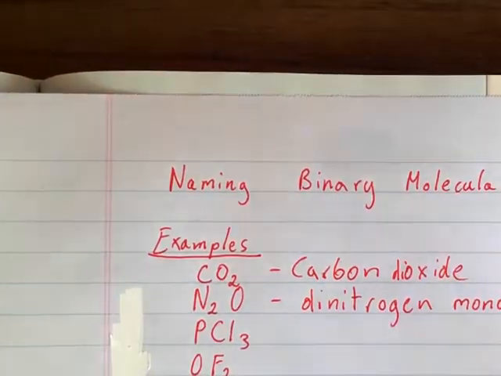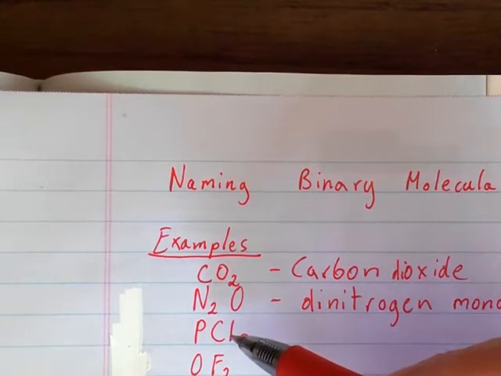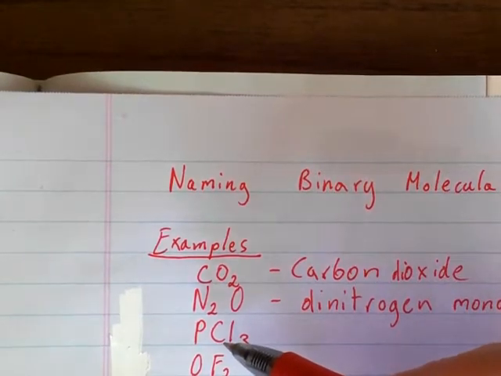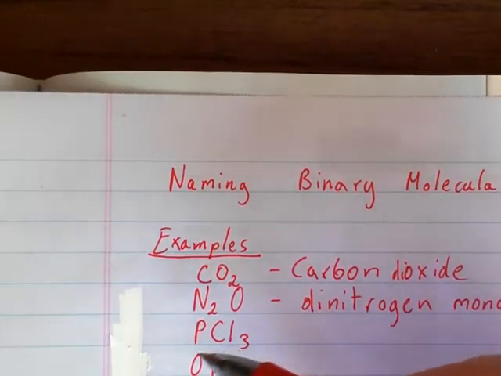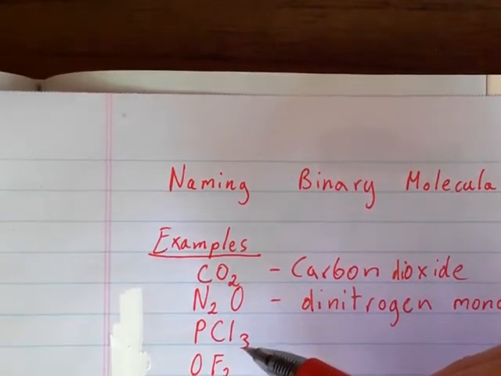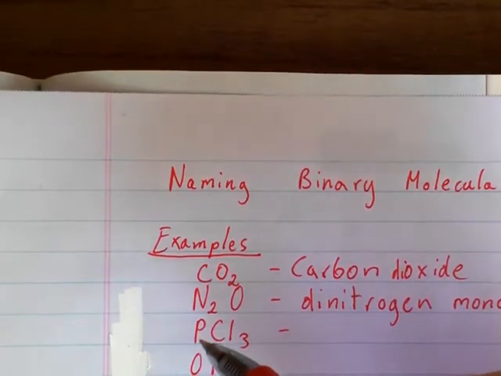Okay, PCl3. P stands for phosphorus. Cl stands for chlorine. Keep in mind, the second nonmetal changes the suffix to IDE, so chlorine becomes chloride. And then we only have 1 phosphorus and 3 chlorines. So it's going to be, keep in mind, for the first element, no prefix mono is required.